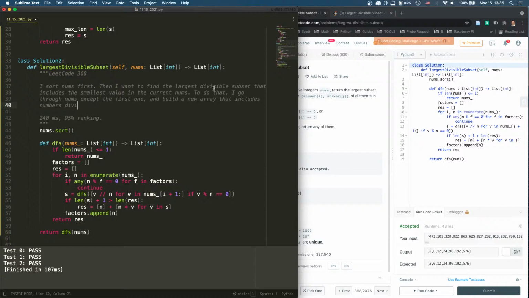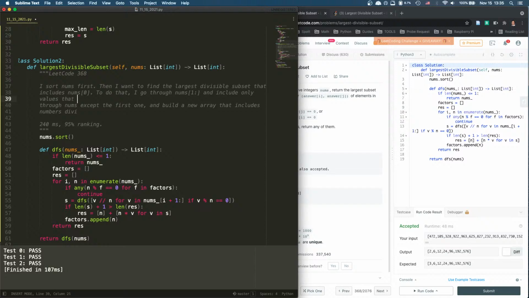I want to find the largest subset that includes nums 0. How about that? To that, I go through nums 1 to the end and include only values that are divisible by nums 0.